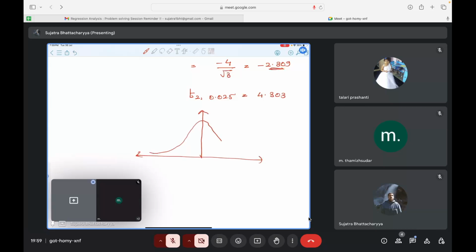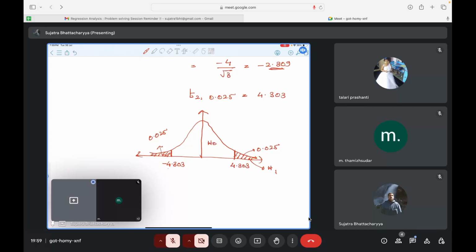the test statistic distribution is like this. So this is 4.303. There is another symmetric part which is minus 4.303. Each covers 2.5%, so this is 0.025 area, and this is also 0.025. And these are the H1 part, and this is the H naught part.